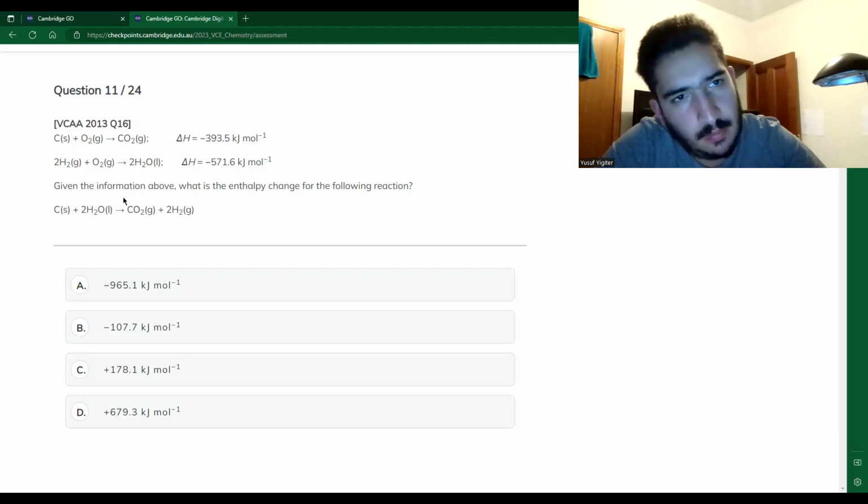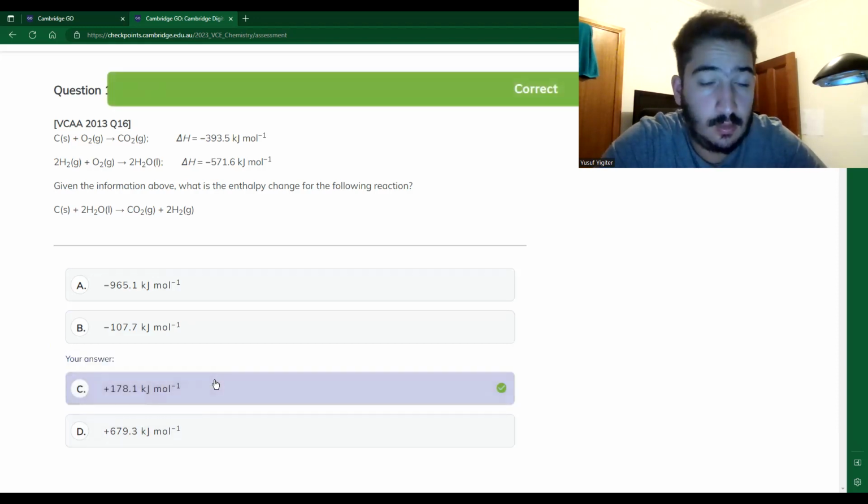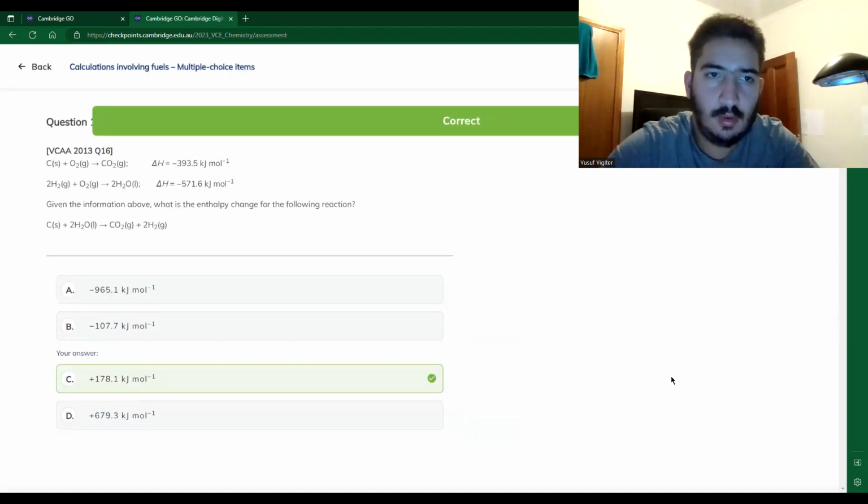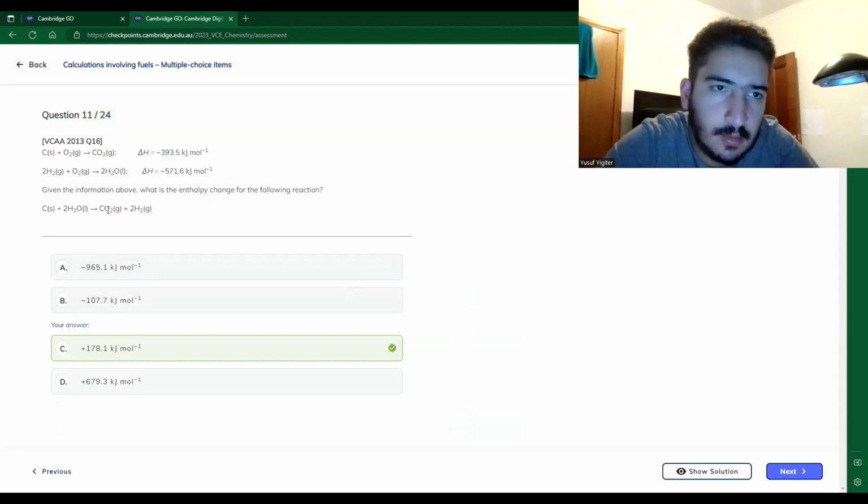No, wait. Actually, oh my God, I got it correct. Whoa. Okay, so this is how it is. That says negative because this is on the right side. I'm looking at the products.